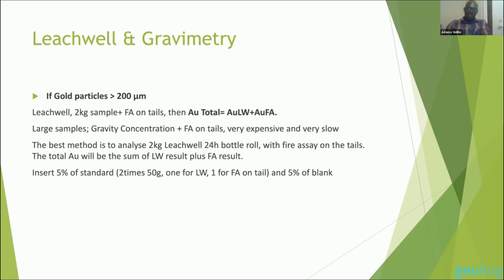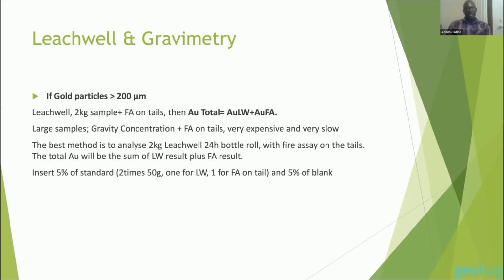Here, the keyword for screen fire assay and Leachwell is the gold particle size. If the gold particles are between 80 to 200 nanometer. Okay.